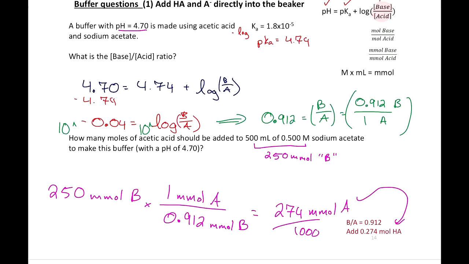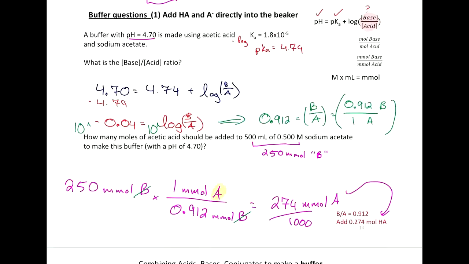So in the first part of this question, we calculated the base to acid ratio, understood that that ratio is base for every 1 unit of acid, and canceled out units just like in 1210 with dimensional analysis. See, the bases cancel. We're left with acid up top, and then we get how many moles of acid we need to generate this specific buffer.